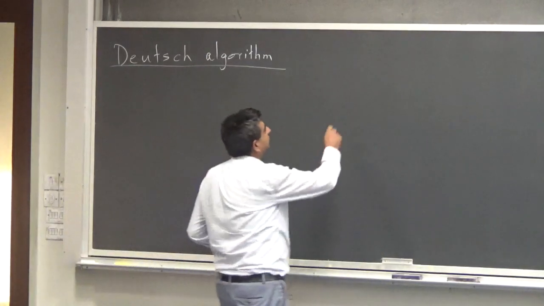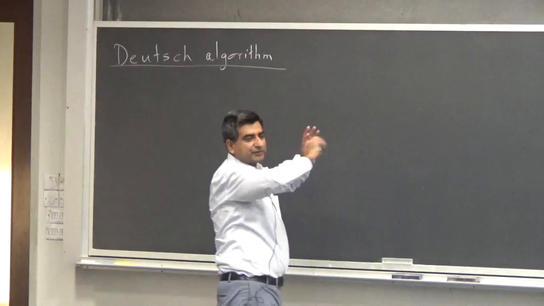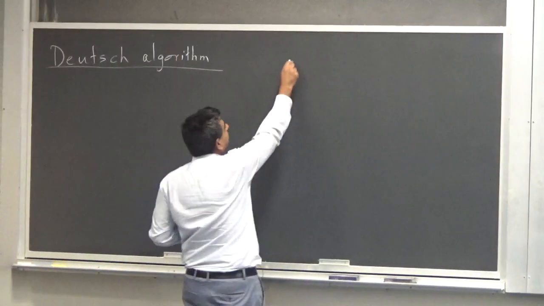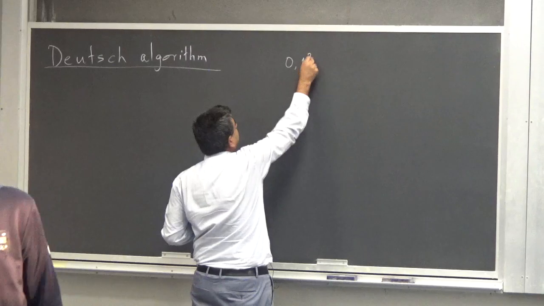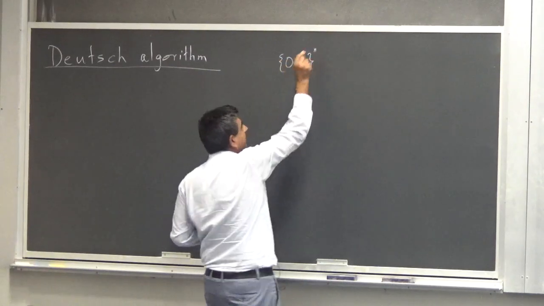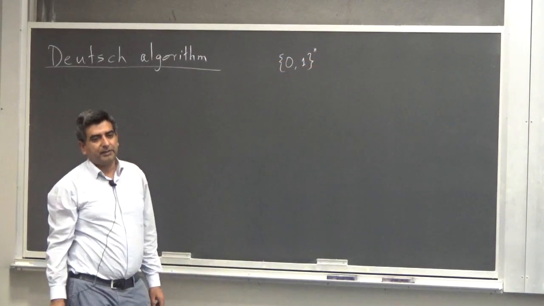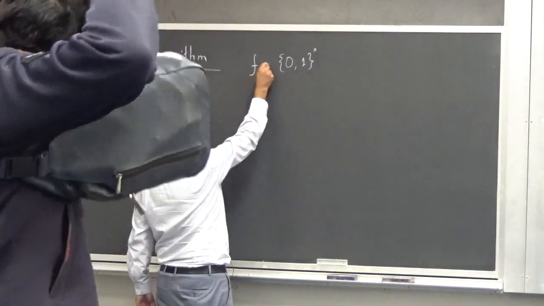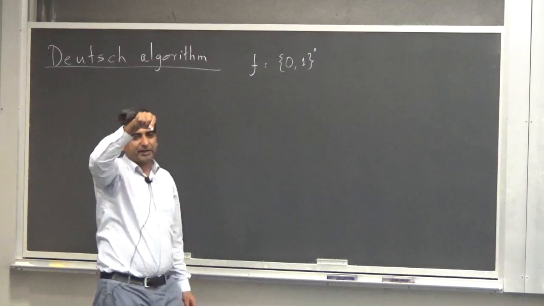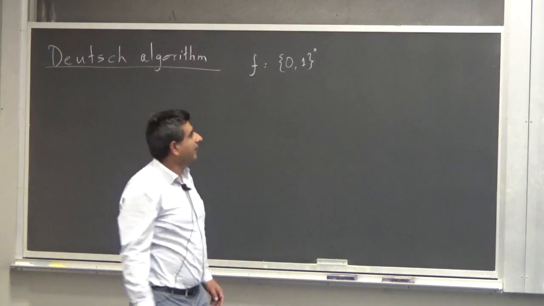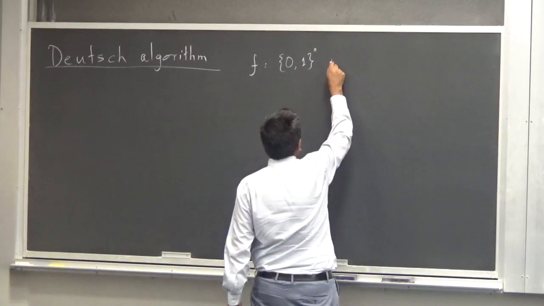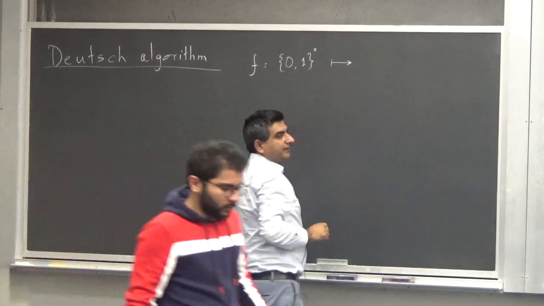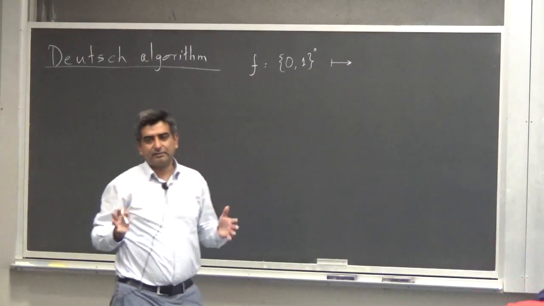Suppose I have a string of bits, zeros and ones, 0 and 1, and I have n of them. And I define a function f that acts on this string and yields a binary number, 0 or 1.